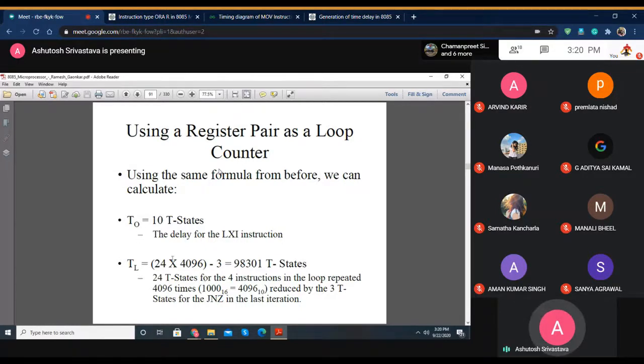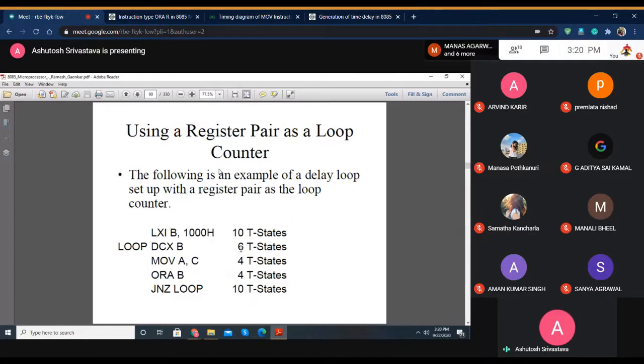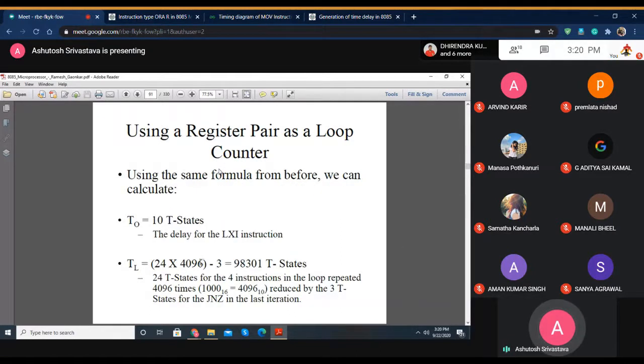Then the inner loop. 24 is 6 plus 4, 10, plus 10, 20, plus 4 is 24. Since the value is 1000, this would be executed 4096 times.